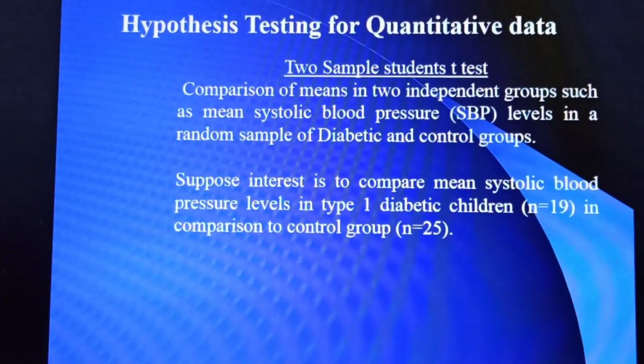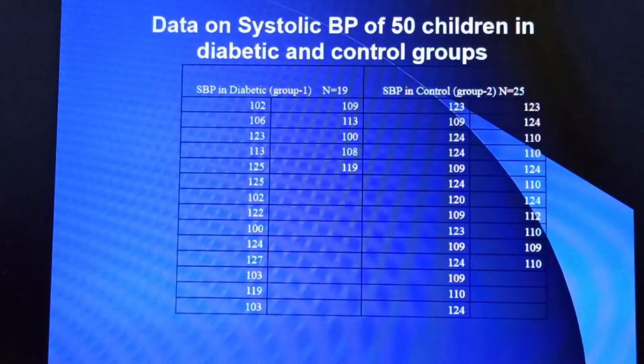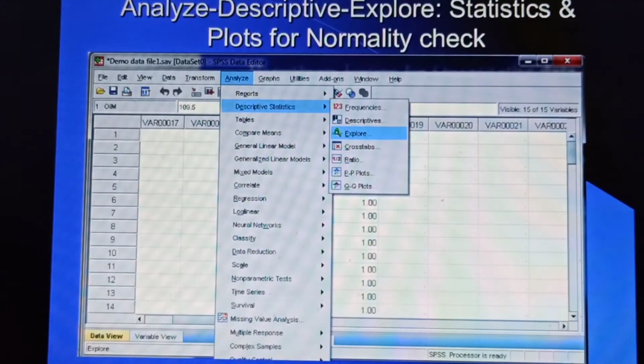The two sample data that we used in this video and the previous video is systolic blood pressure measured in diabetic and control groups, with sample sizes of 19 and 25. The hypothetical data that we used for both the groups are these.